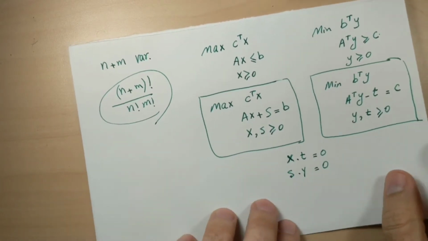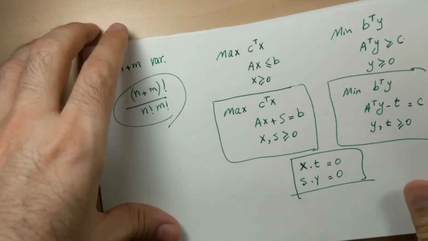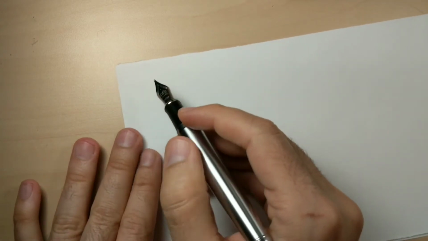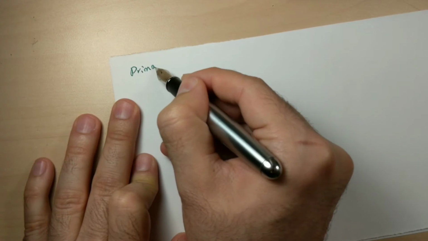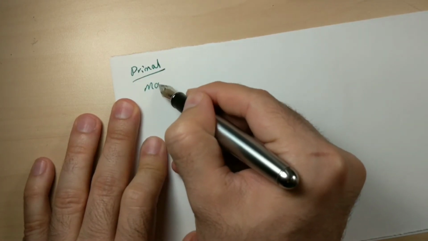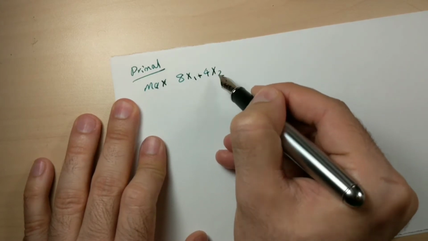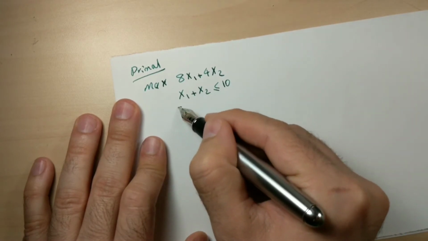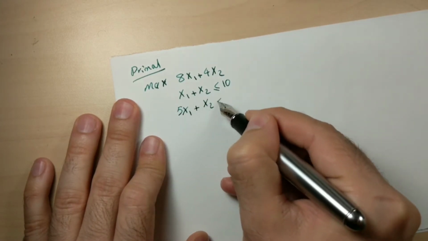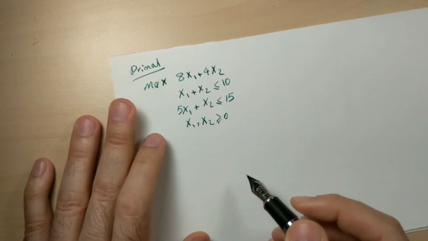Let's have an example to use this xt equals 0 and sy equals 0. The primal problem is maximization of 8x1 plus 4x2, subject to x1 plus x2 less than or equal to 10, 5x1 plus x2 less than or equal to 15, x1, x2 greater than or equal to 0.